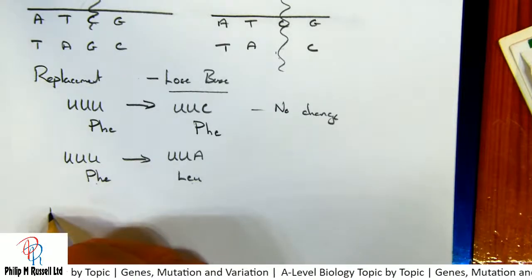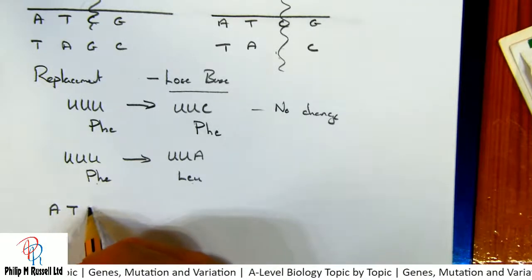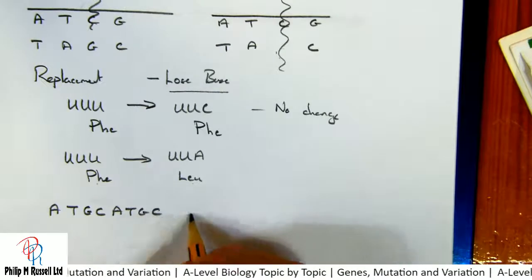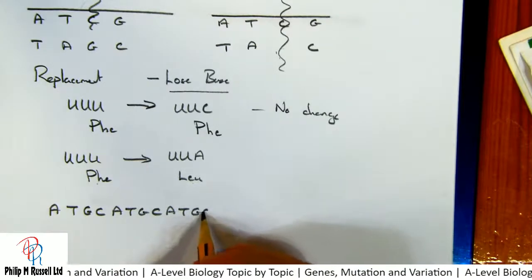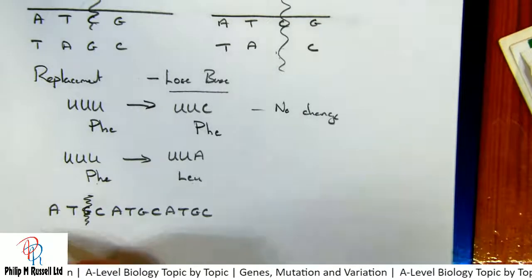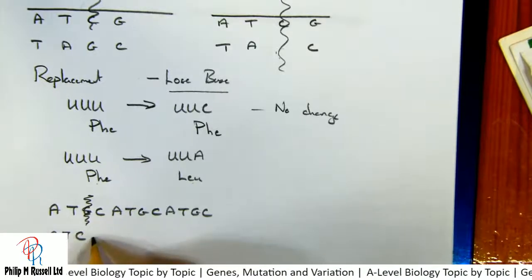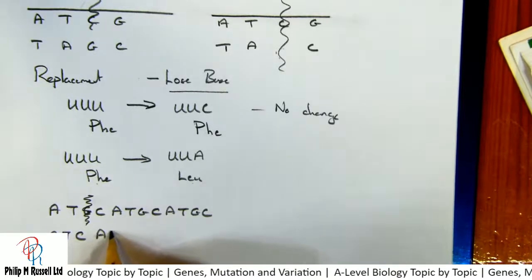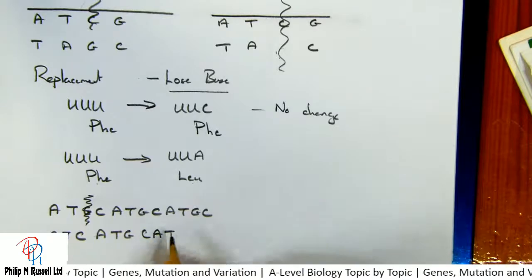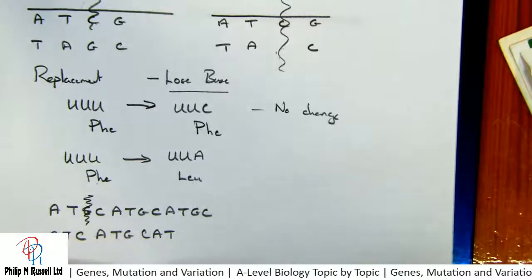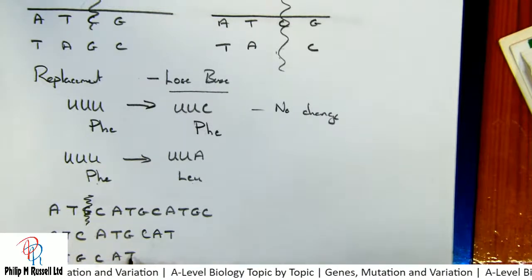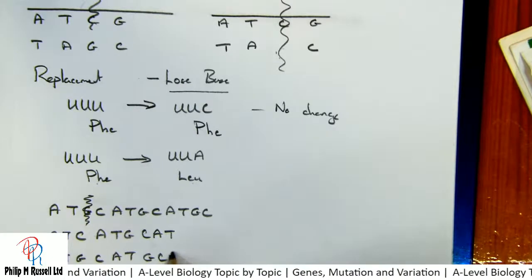So if I've got here AT, GC, ATGC and ATGC, if I lose this base and it's lost completely, then I've got ATC for my first one, and then ATG for my next one, and CAT for my next one, instead of having ATG and CAT and GCA.